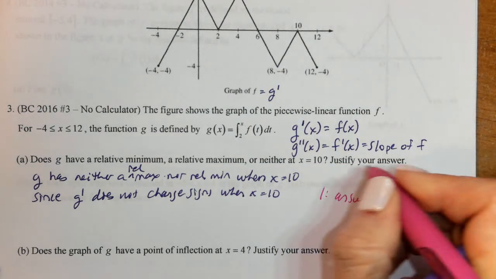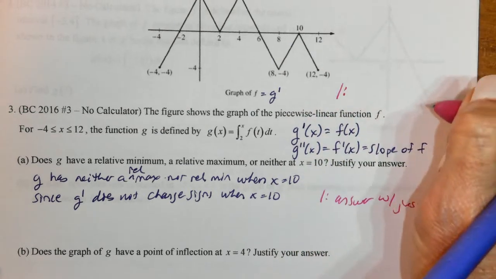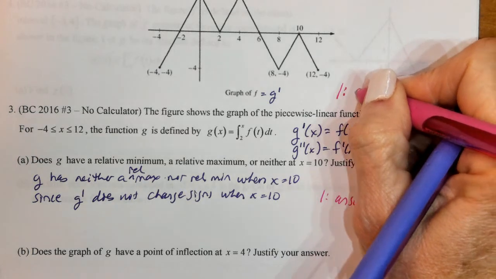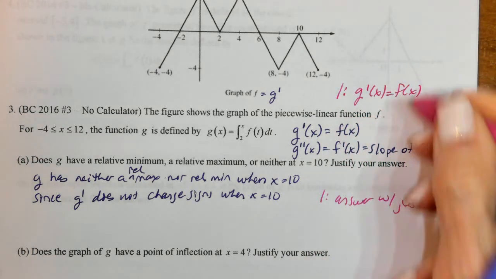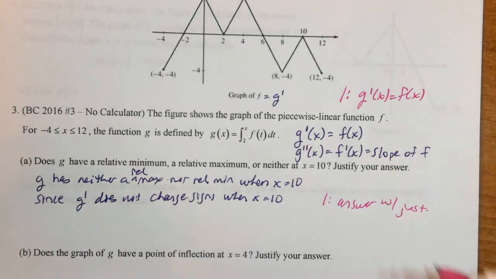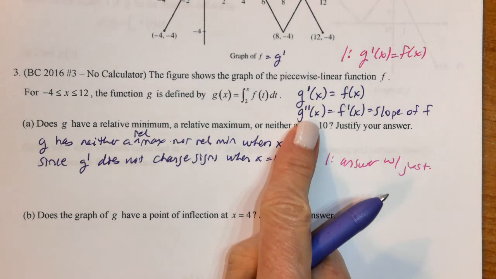But also, in the problem, they say there's 1 point awarded for stating g prime is equal to f in any of the parts, in A, B, C, or D. So as long as we mentioned it somewhere, that was worth a point. All right? We mentioned it first thing, so we're in good shape.